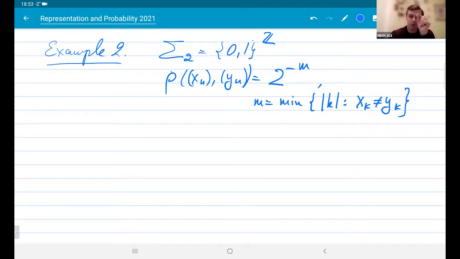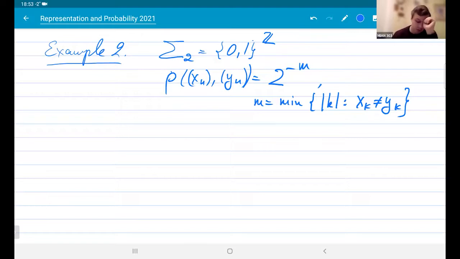So you just look at the closest to the origin element where they are different, and then you take 2 to the power minus m, where m is this distance to 0, and this is a nice metric space, compact, and so on.